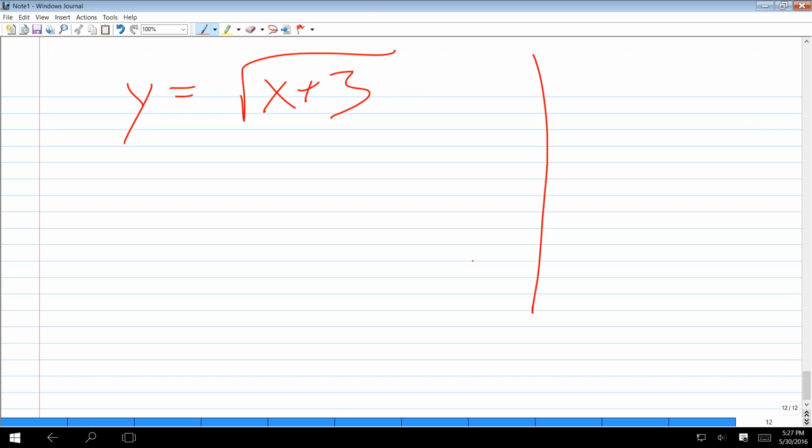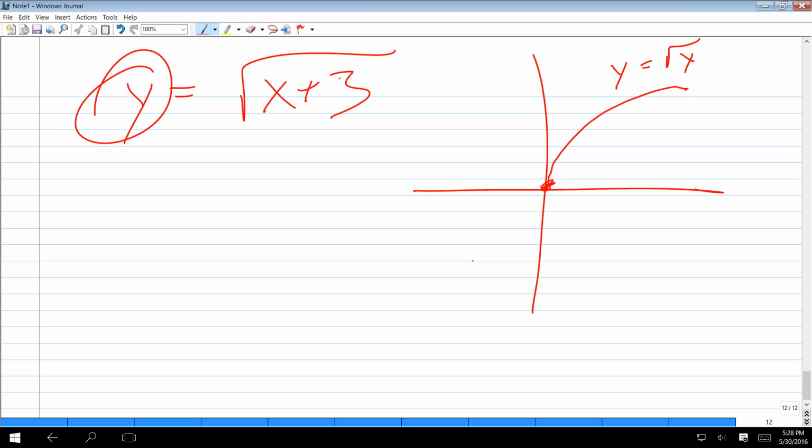In other words, that's why when I graphed it, I started at 0, 0. Because this is y equals the square root of x, and x can never be negative and y can never be negative. Well, y can never be negative even if the inside is not x, even if it's x plus 3. That can only be positive.